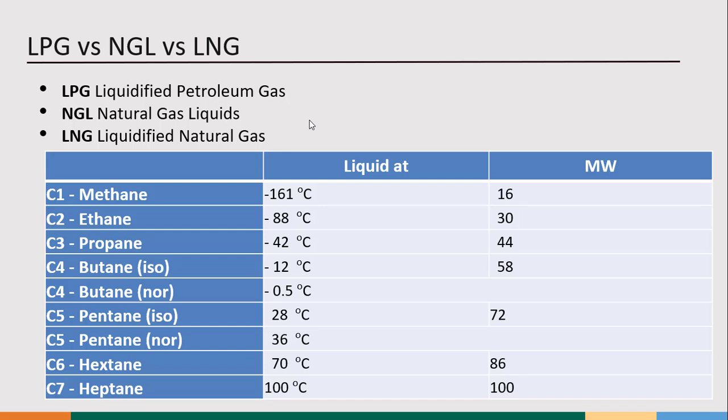If you go to high pressure, you will get something at normal ambient temperatures. That's NGL. It is dependent on the composition also, but if your flowing pressure is 32 bar, and somewhere near atmospheric ambient temperature, you will have the NGL in liquid state.